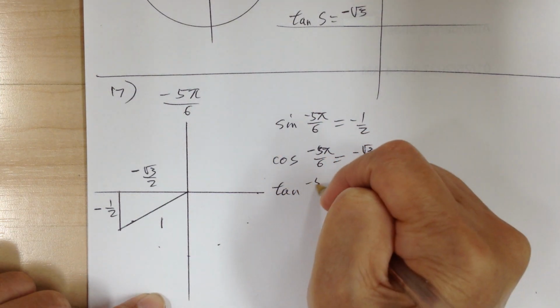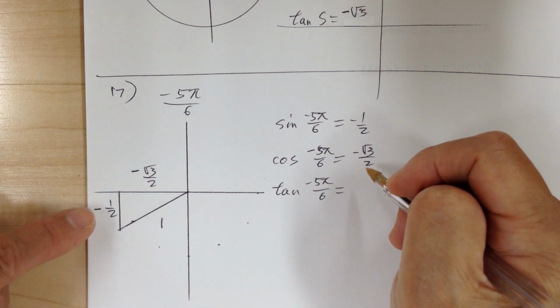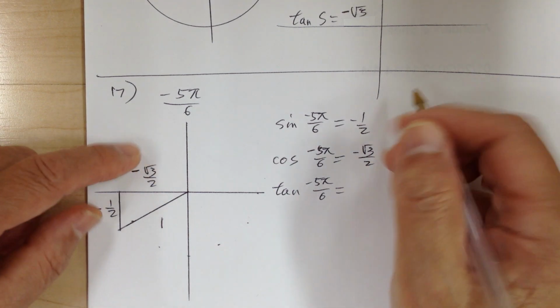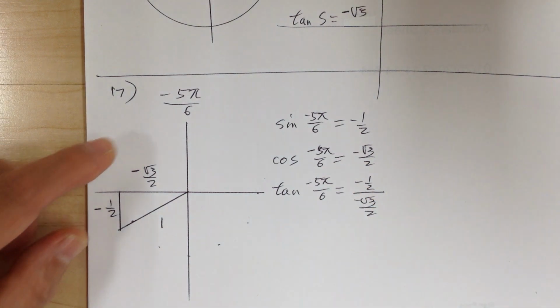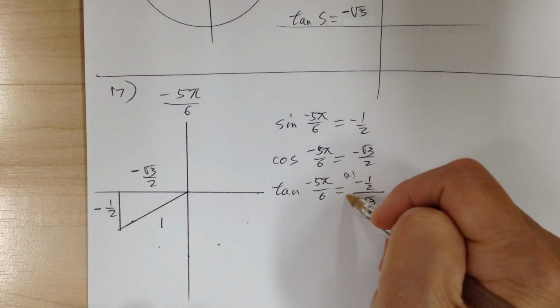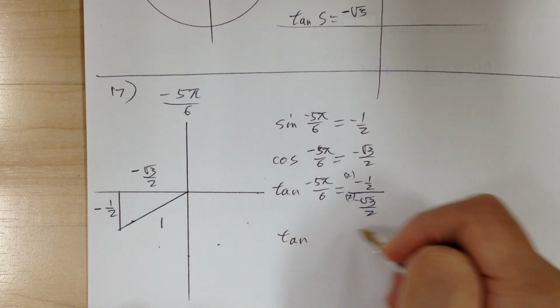And tangent of negative 5 pi over 6, tangent is a slope, so it's y over x, so it would be negative 1/2 over negative square root of 3 over 2. You can multiply by 2 to get rid of the common denominator.